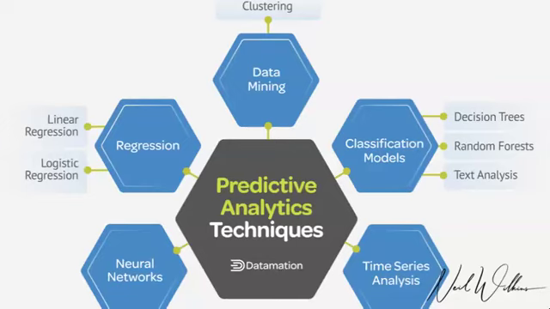So things like regression analysis, data mining, and obviously clustering of the right kind of data from which we can make these decisions going forward. Being very clear with the classification models that we're going to be using, so things like decision trees and text analysis and the like will certainly be able to clarify the right kinds of data that will be feeding the decisions.